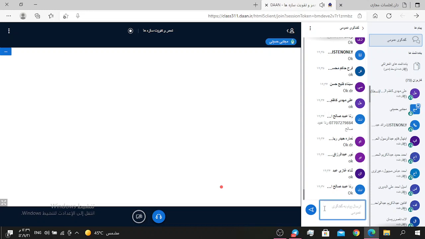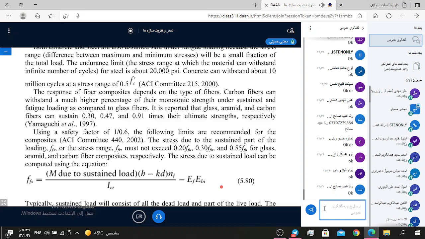The stress due to sustained load, or stress range, must not exceed 0.2 FFU, 0.3 FFU and 0.5 FFU for glass, aramid and carbon respectively. Okay, this is very important.